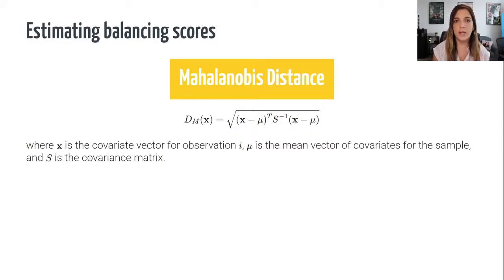So this is incorporating the knowledge that covariates are not independent from each other, and there is actually covariance associated with them. So there could be two variables that move together very closely, right? Because they are very similar and their covariance is very high.